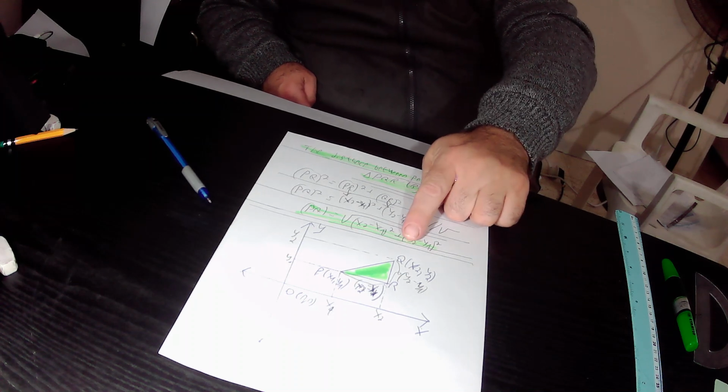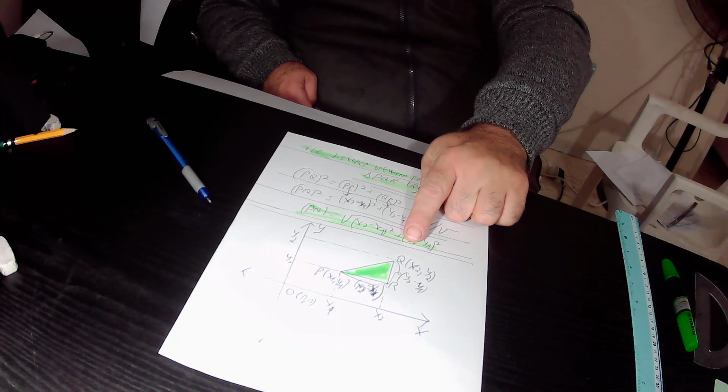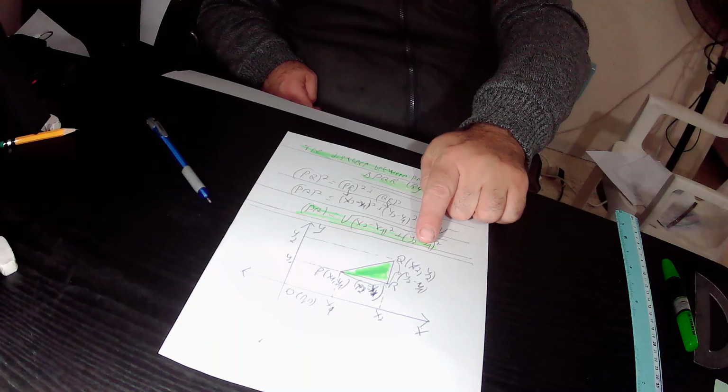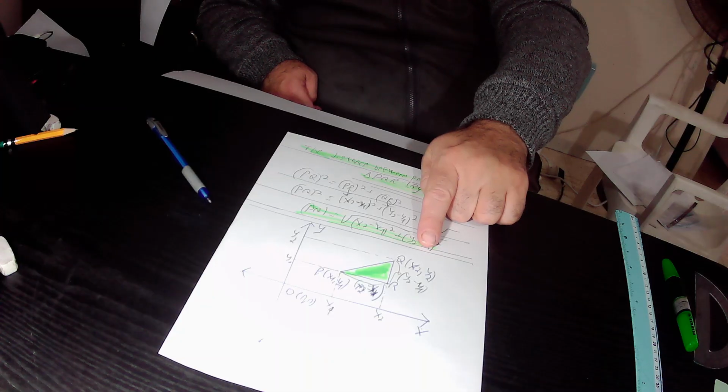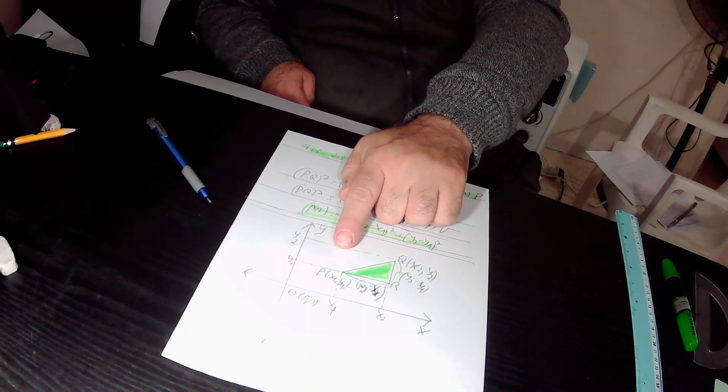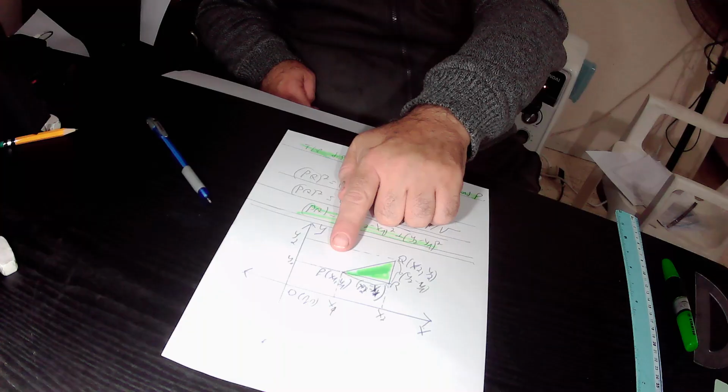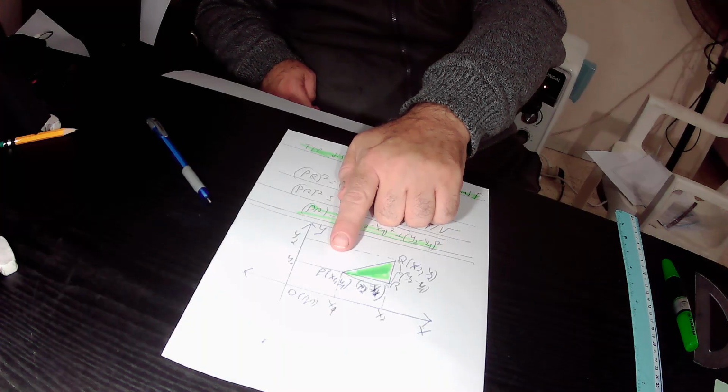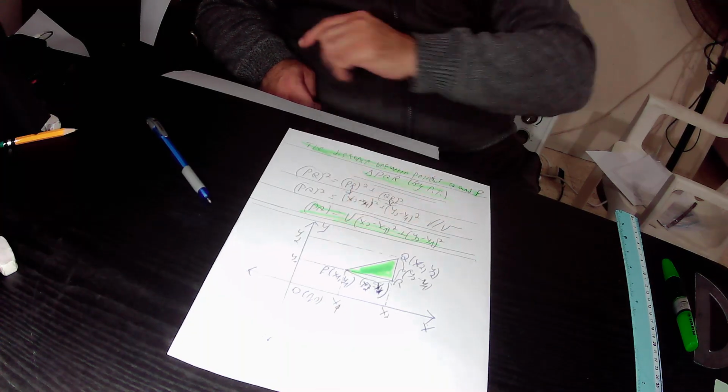The coordinates of point Q are as follows. The coordinate x of point Q is x2, and the coordinate y of point Q is y2. Likewise, the coordinate x of point P is x1, and the coordinate y of point P is y1.